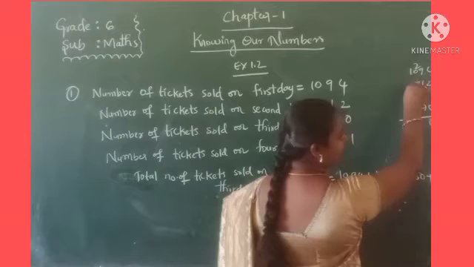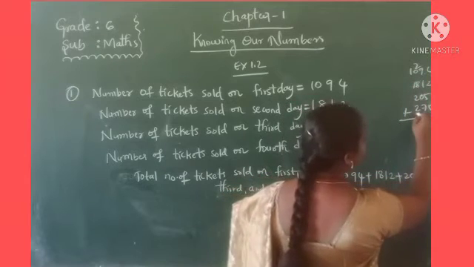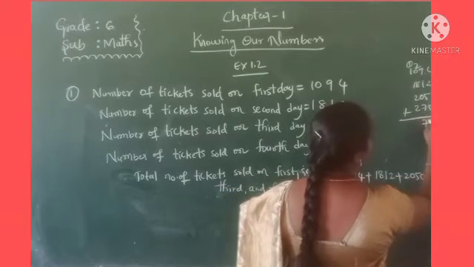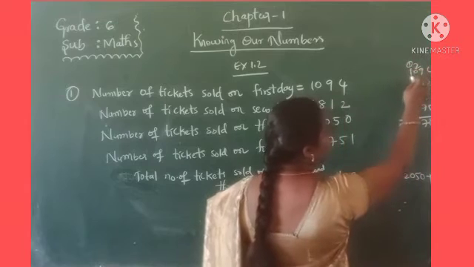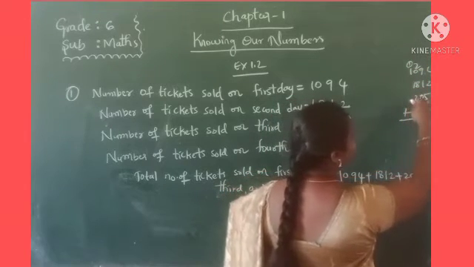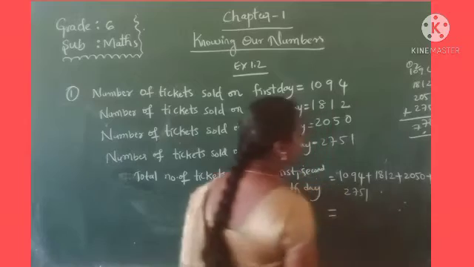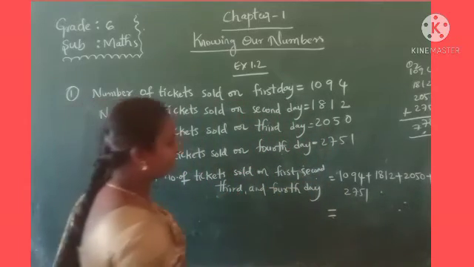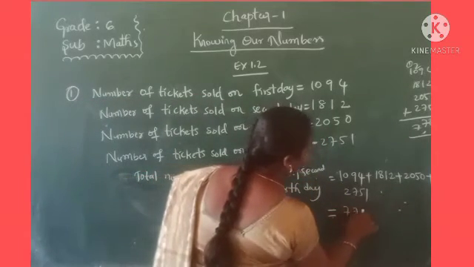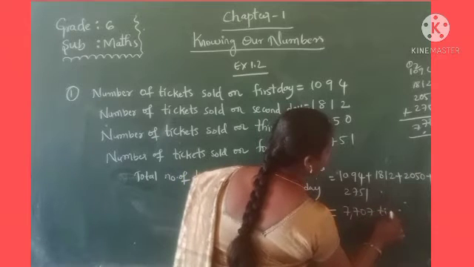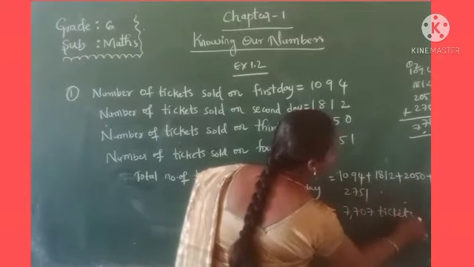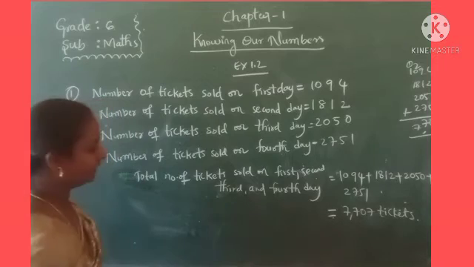Again 2 plus 8, 10. 10 plus 7, 17. Next again add 1 plus 1 plus 1, 3. 3 plus 2, 5. 5 plus 2, 7. How many tickets were sold on 4 days? 7,707 tickets were sold on 4 days.